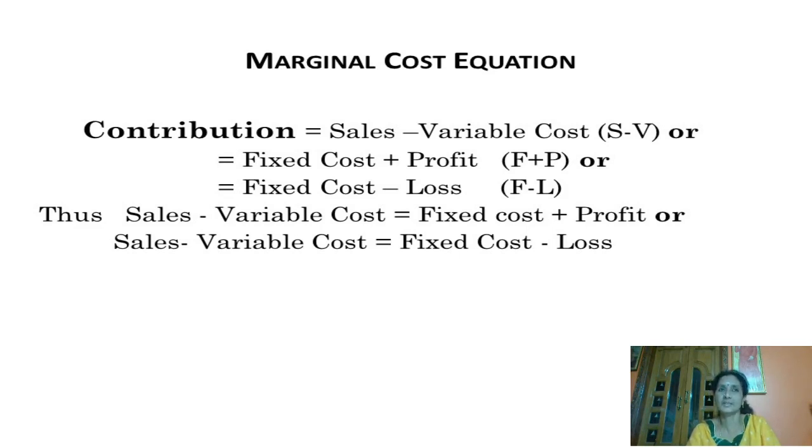Fixed cost as 25,000 plus profit of 35,000 also gives 60,000. So 60,000 is equal to 60,000. Or sales minus variable cost is equal to fixed cost minus loss. So to find contribution, you can use either of these equations, and the balancing figure or the net figure we arrive at can be termed as contribution.